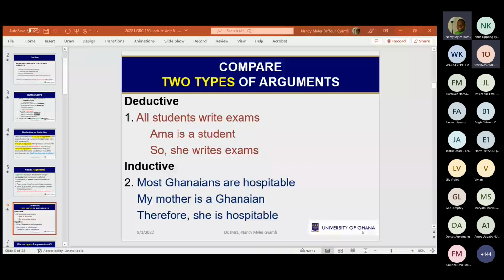Then we want to do a valid argument by modus tollens. Let's hear it from someone, so that those who are still learning it can follow. Nancy is smart. Who is speaking now? Is it Charlotte?